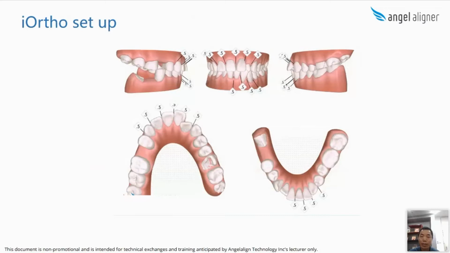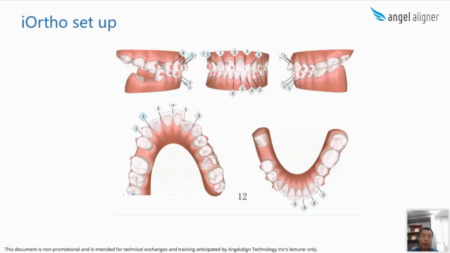So let's see the ISO setup. It seems nothing special. We align the teeth, align the arch by IPR. Altogether, 31 stages.